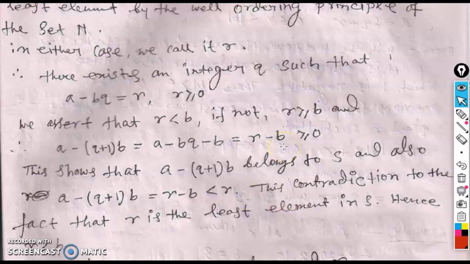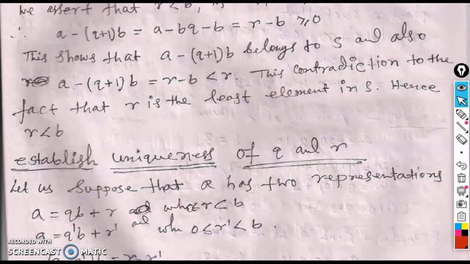We have already considered r to be the least element of the set, which contradicts that r is the least element. Exactly for that reason, r is less than b. If r were not less than b, a smaller element than r would be the least element, which contradicts our assumption. Okay, so r is less than b.